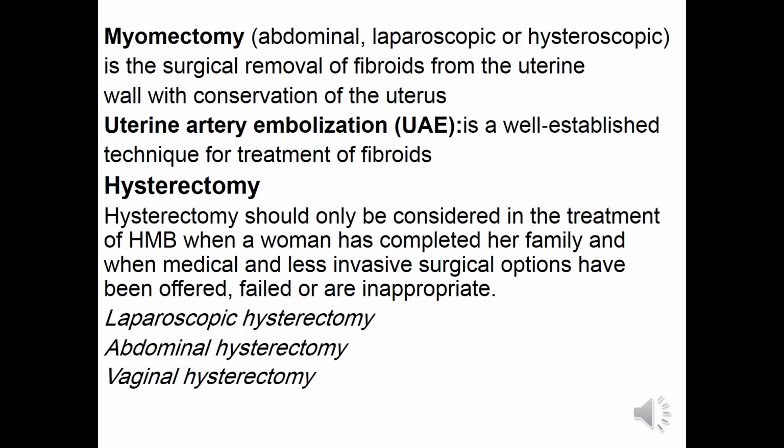Myomectomy, either abdominal, laparoscopic, or hysteroscopic, is the surgical removal of fibroids from the uterine wall with conservation of the uterus. Uterine artery embolization is a well-established technique for treatment of fibroids.